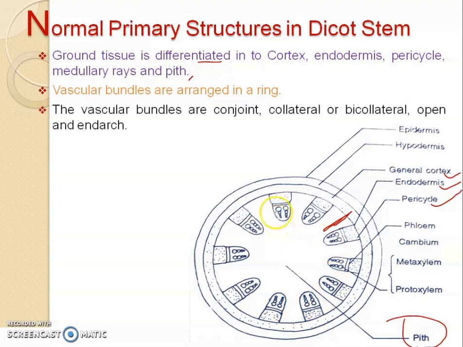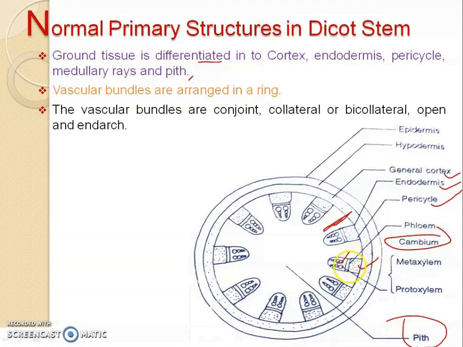The vascular bundles are conjoint, collateral, open, and endarch. In this case, vascular bundles are conjoint and collateral. This means xylem and phloem are joined on a single radius, and in between the xylem and phloem is present a cambium.